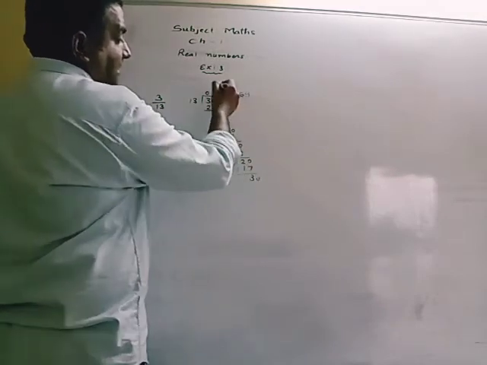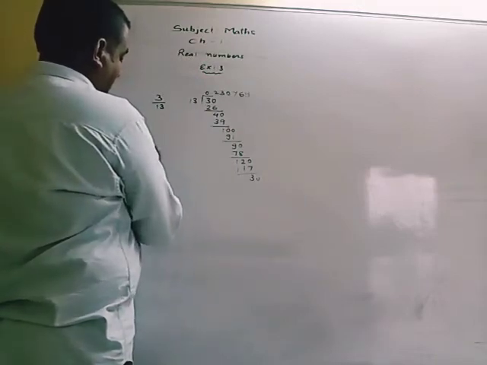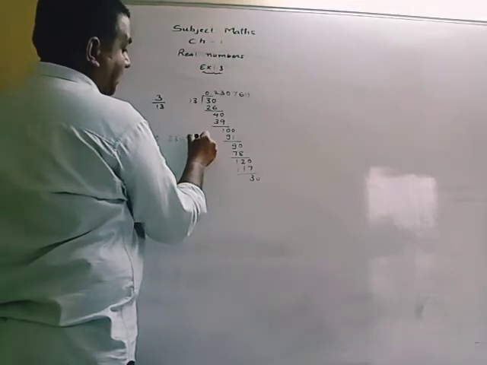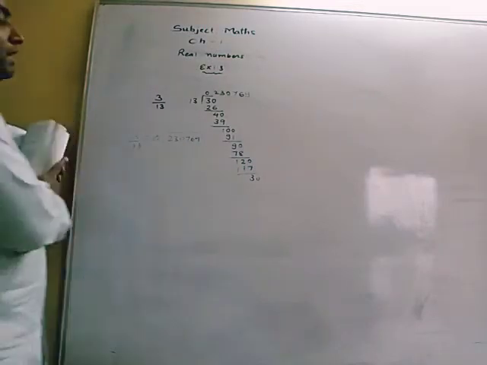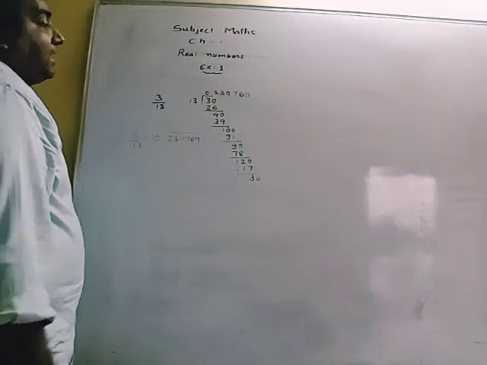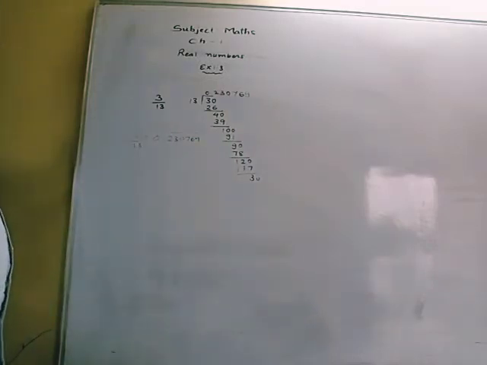So here we can see the repeating unit, and so 3 by 13 equals 0.230769 bar. And so we can see here that the digits are repeating and the decimal does not stop in division, and so we can say that it is a non-terminating recurring decimal.